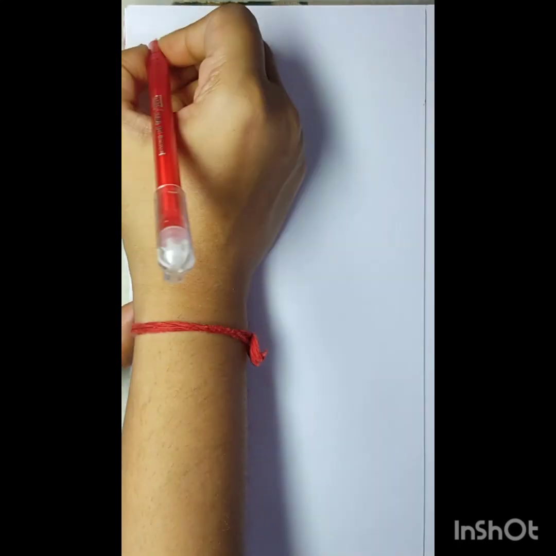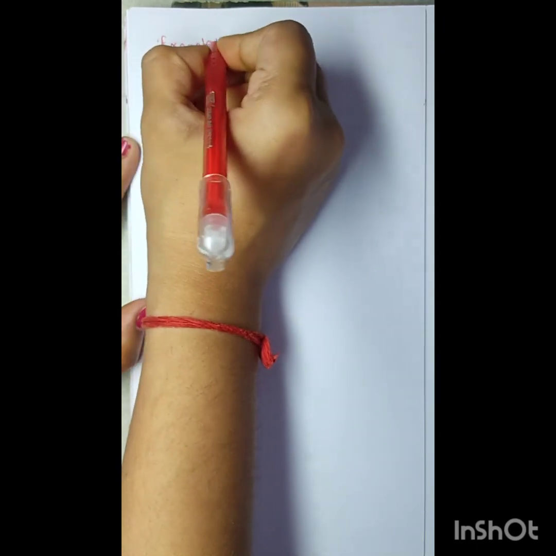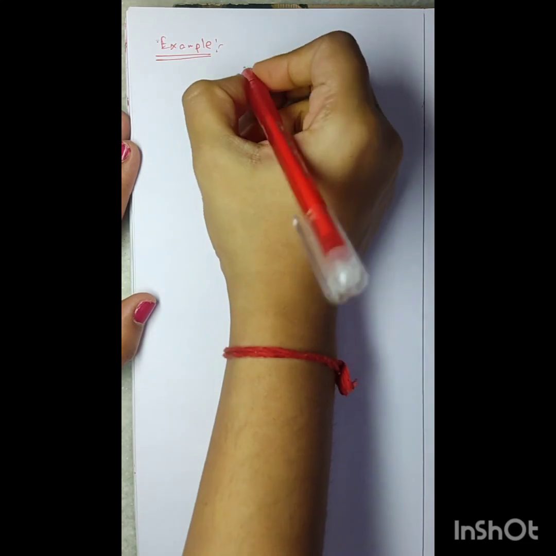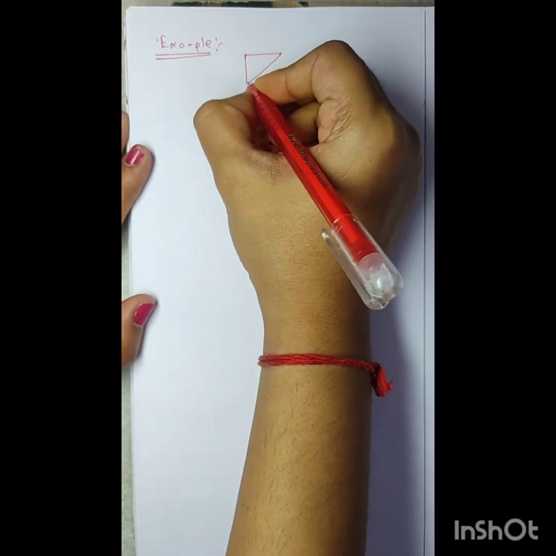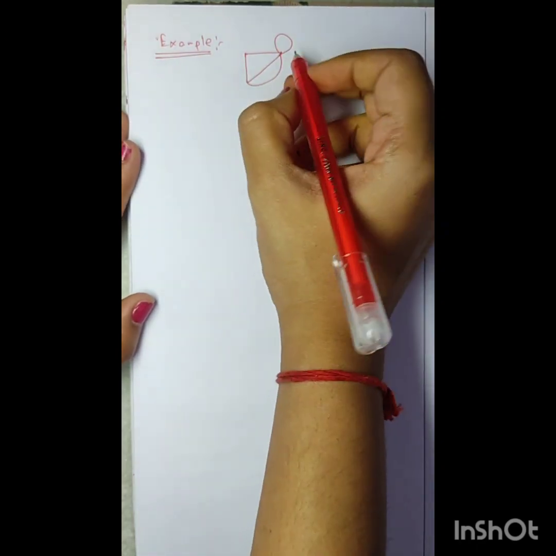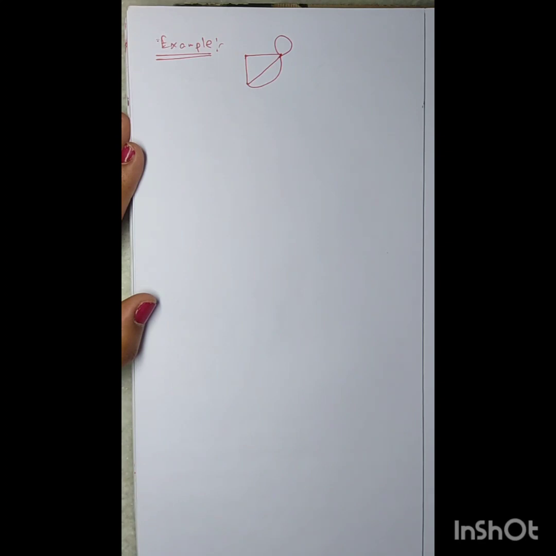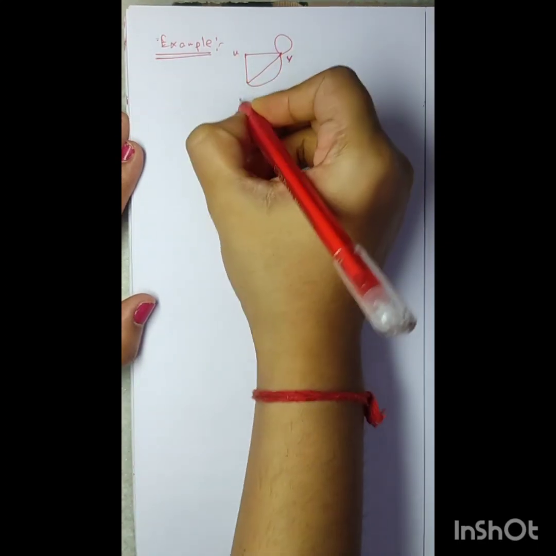So now we can consider another example to count the degree of a vertex in some graph. So let us consider this graph. This graph has a loop also. Let us say this is u, v and this is w.